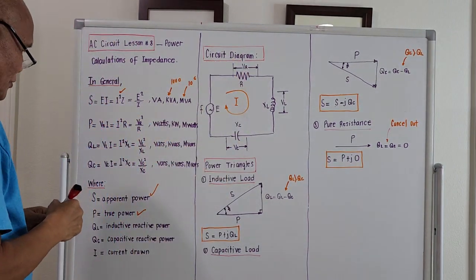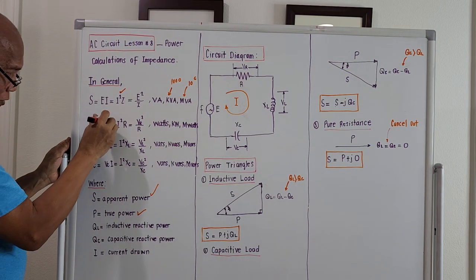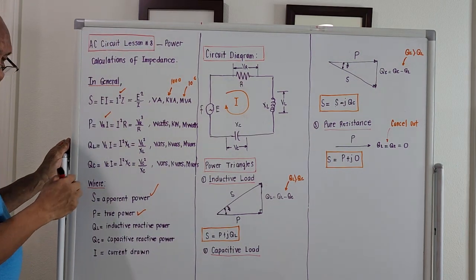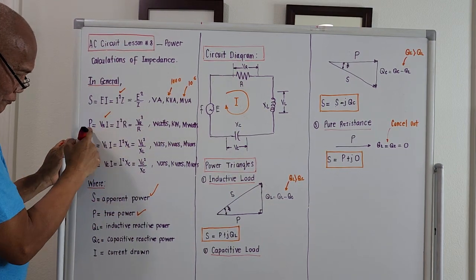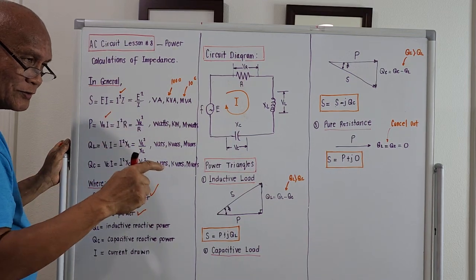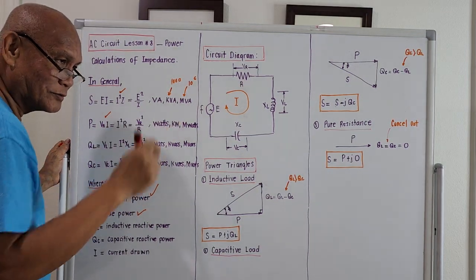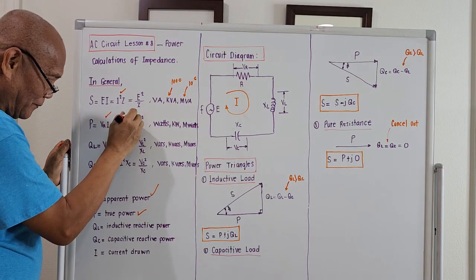The second formula is similar to this, but for true power, we are referring to the power consumption of any lighting load. So this will be the square of the current multiplied by R.